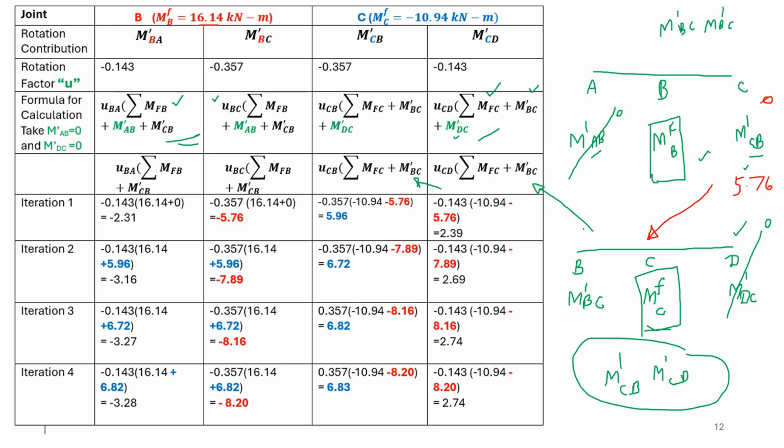Okay. Now this value is being taken for this iteration. So once you substitute it in this iteration, for example, 5.76 is carried over to the next iteration cycle of C. So here UCB into fixed end moment plus m dash BC. So this m dash CB is taken to be for m dash BC. Then you get 5.96.